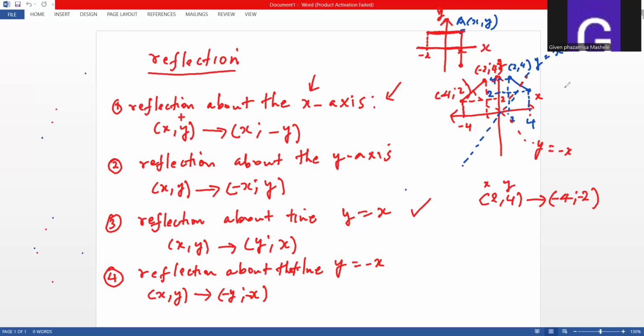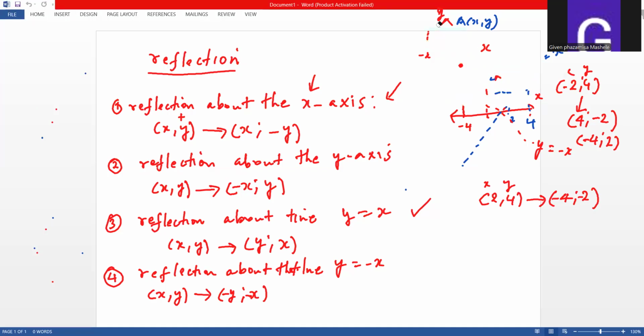Because we have minus 2 and 4. This is the x, this is the y. Then we swap. So the x becomes 4 and the y becomes negative 2. Then you have to apply a negative sign on both. This becomes minus 4 and 2. So this is called reflection about the line y equals to negative x.